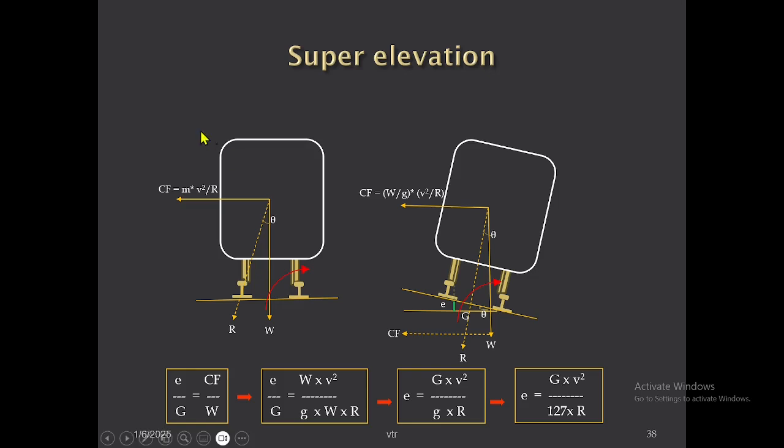That means this force will be more than the weight of the body. So that is dominating, because that will pull outside, and it will become unstable and topple outside of the curve. So you have to understand that we should always ensure the resultant force falls within the base.